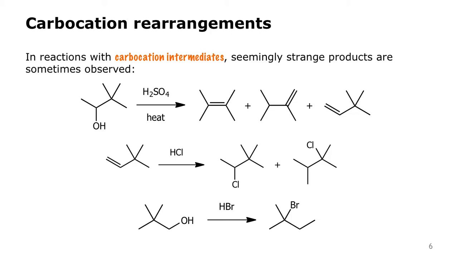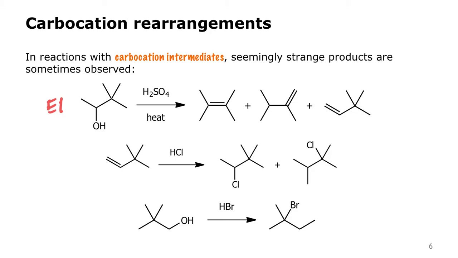So here we have three of the types of reactions that we've talked about so far that all involve carbocation intermediates. The first reaction here is an elimination. More specifically, this is an E1 elimination occurring under acidic conditions where the hydroxyl group is protonated. Loss of water leads to a carbocation.